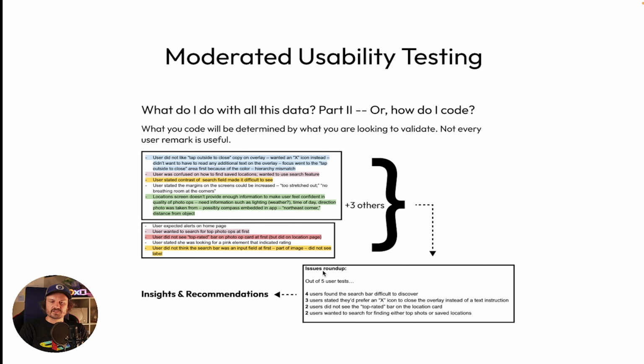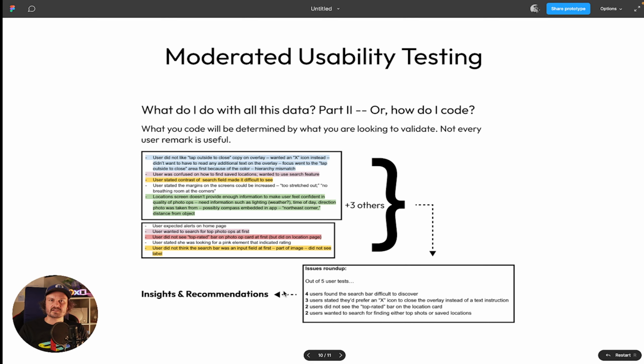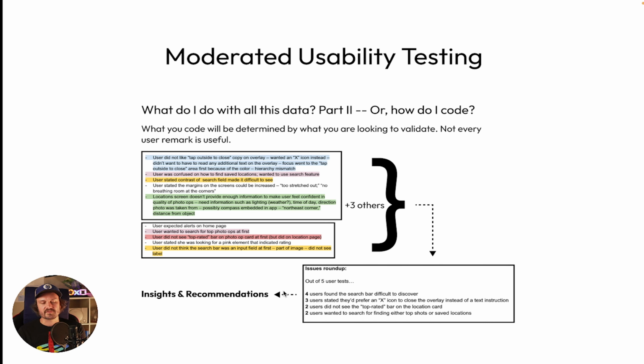And so I was able to summarize the issues I found based on the frequency of users indicating that there was an error. And that definitely made it easier to know what to focus on as far as recommendations and what needed to be fixed. It decreased the amount of time that I had to guess as to what the issues were.